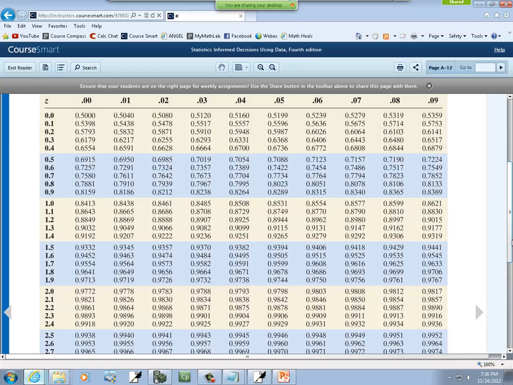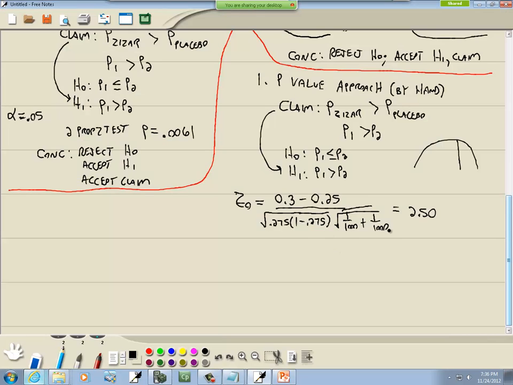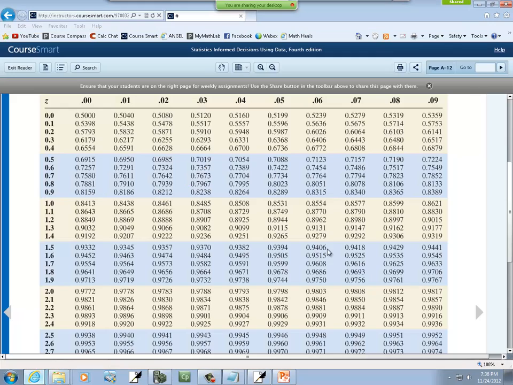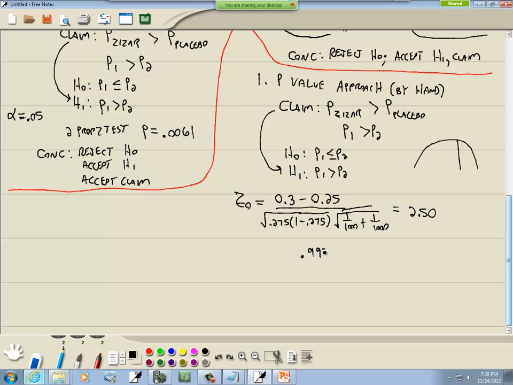Okay, 2.50. Here's 2.5, and then the hundredths place being 0 is this first column. So 2.50 is 0.9938, and that's VFT, value from table.